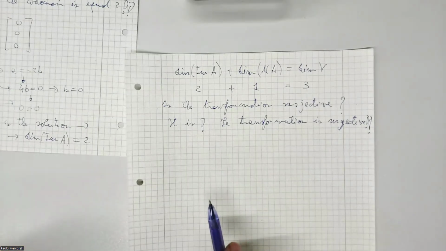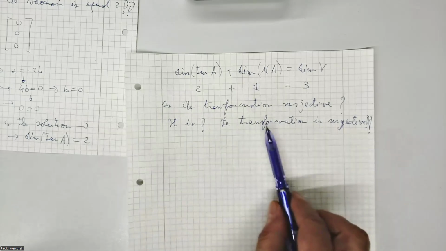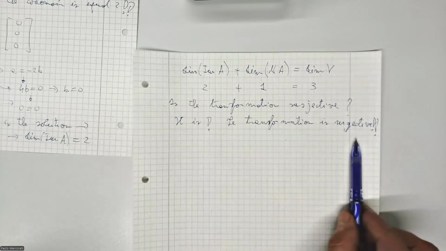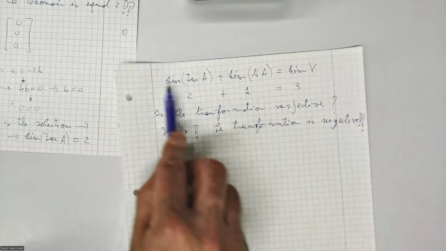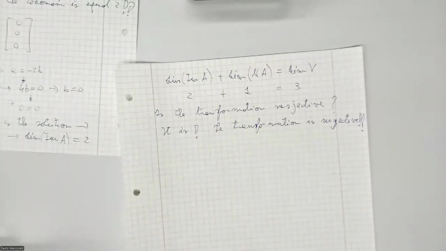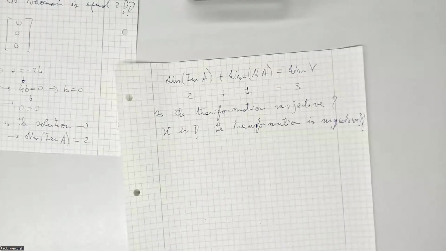I show you what I intend in the slide, but I made mistakes in the matrices. With the new matrices the slide is correct. I mean, did you agree that the transformation is surjective? Yes, because the dimension of the image is equal to the dimension of the codomain. This means I don't leave, let me say, anything out. I cover everything. This is already clarified.